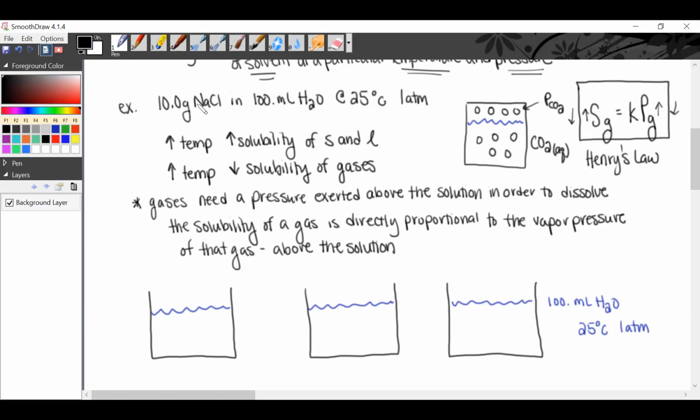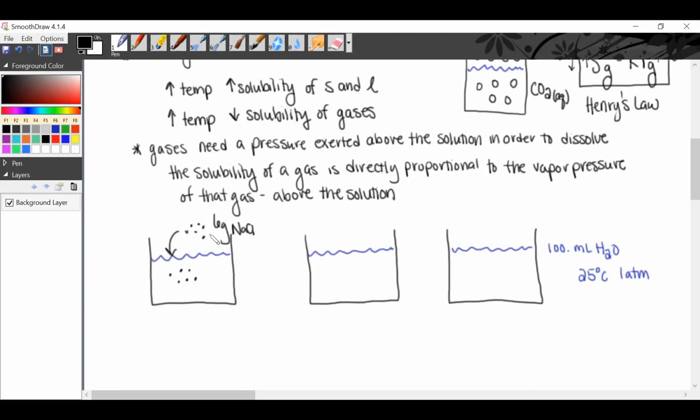So we know, based on what I set up here, that the maximum amount of solute that you can dissolve is 10 grams. All right, well, let's say I dissolve 6 grams. If I have less than the maximum amount dissolved, we call this solution unsaturated.